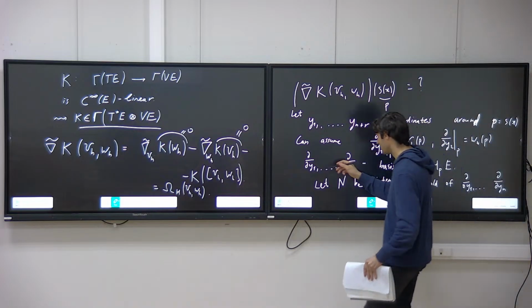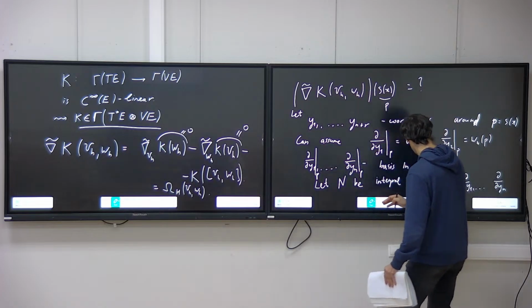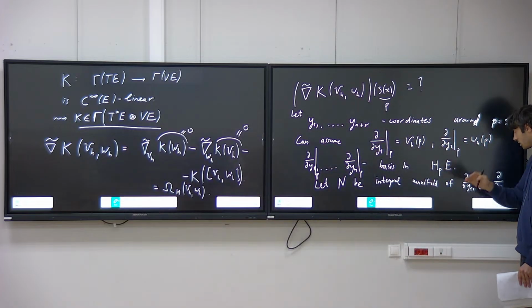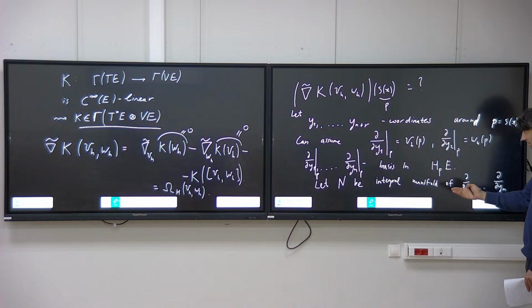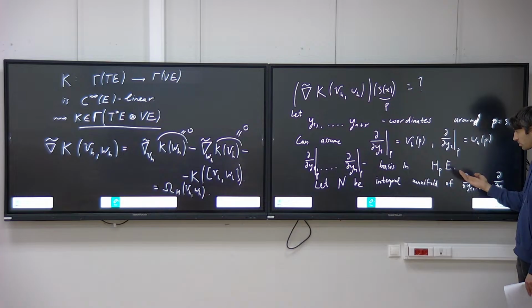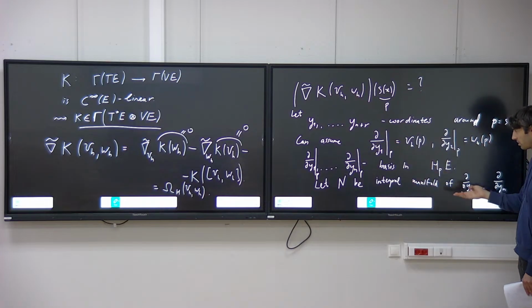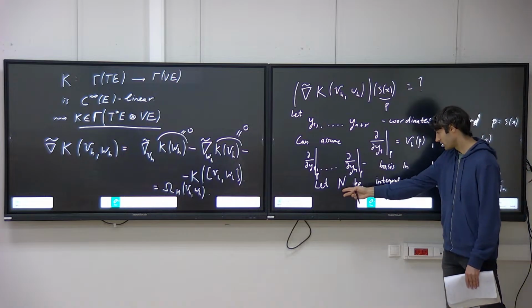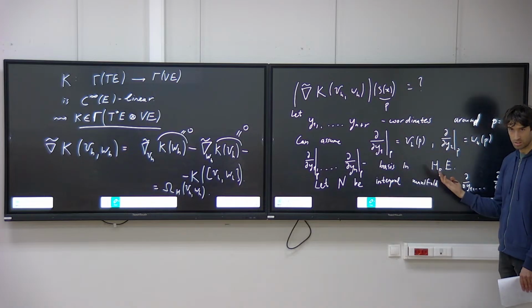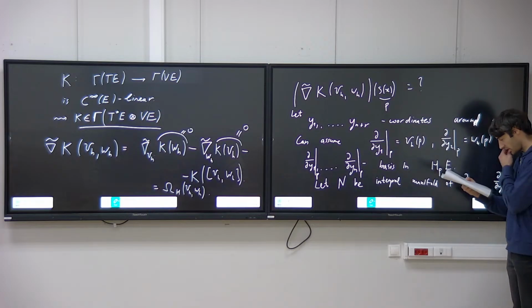Well, here actually I need to restrict it to P, but these are coordinates, so I can release this restriction, and they commute because these are d over dy's. So therefore, by Frobenius integrability theorem, there exists some integral manifold of those guys locally, right?